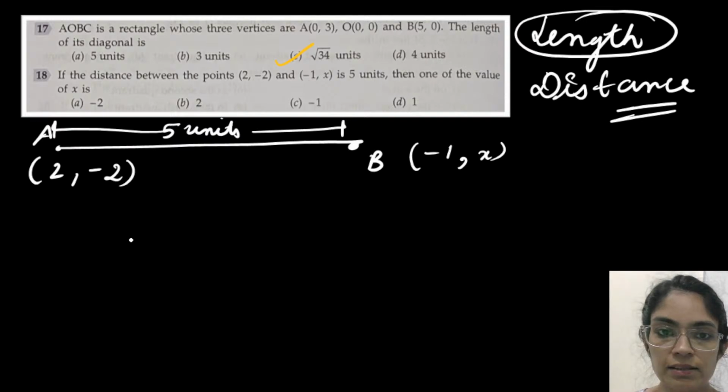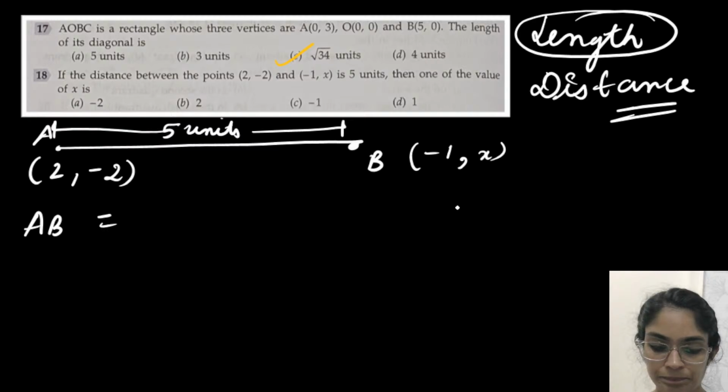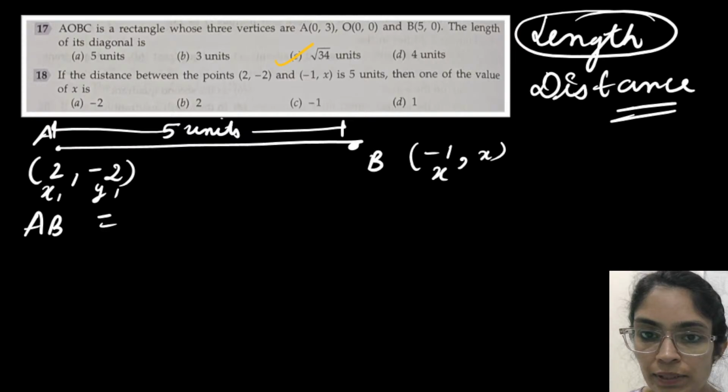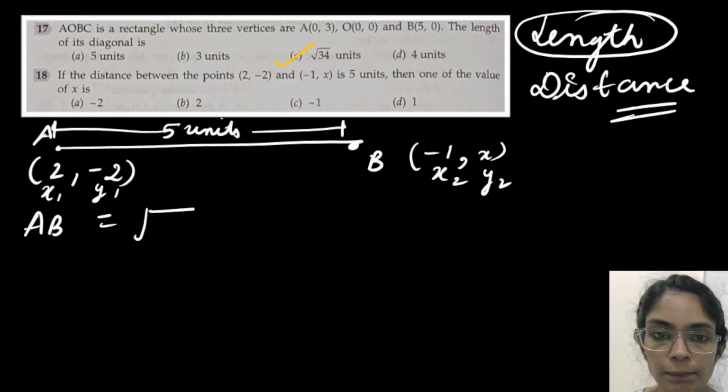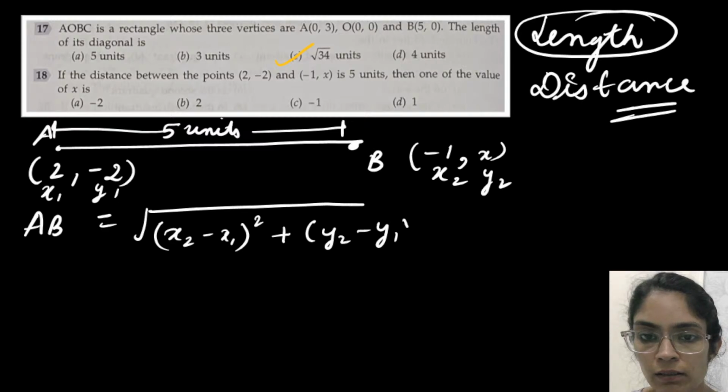So distance is given to us. We have to make use of the distance formula again and find the value of x. The coordinates of A we can write as x1, y1, and coordinates of B as x2, y2. So I'll apply the distance formula: square root of x2 minus x1 whole square plus y2 minus y1 whole square.